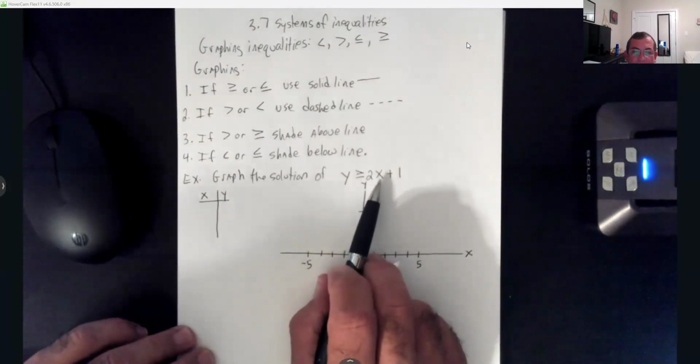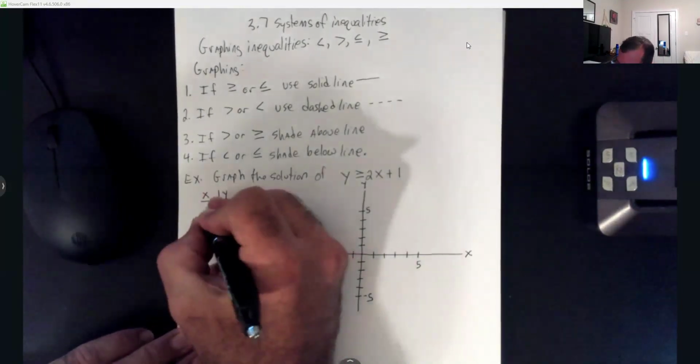So I'm just going to find me some x values. So I'm just going to use 0 and 1 because those are easy to multiply.